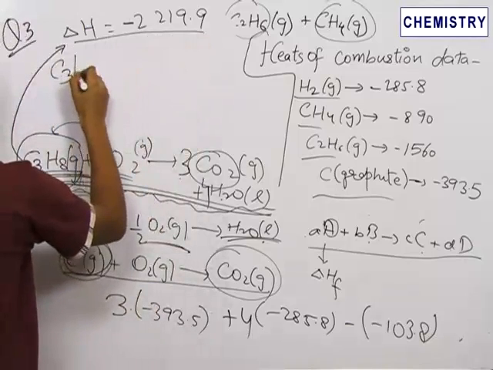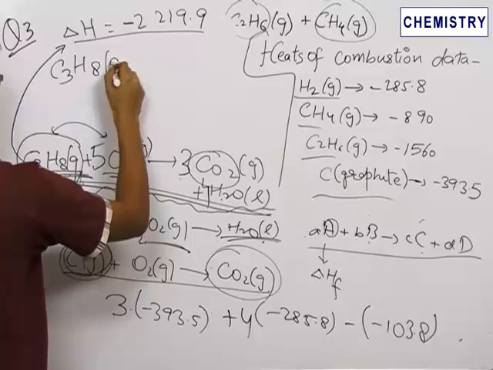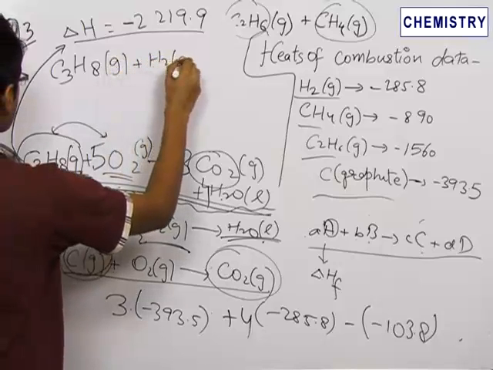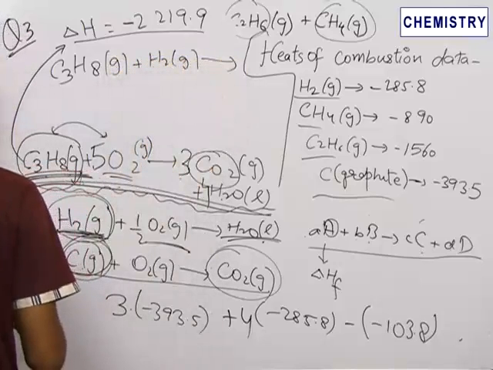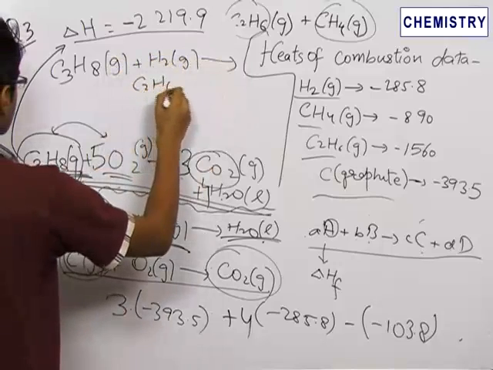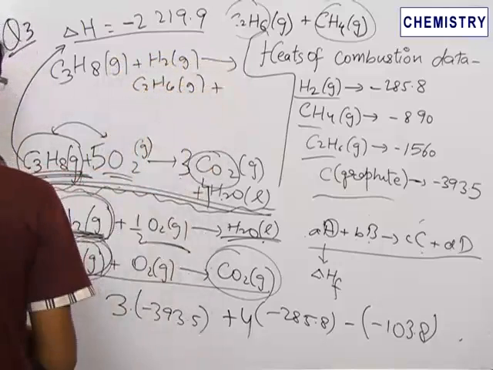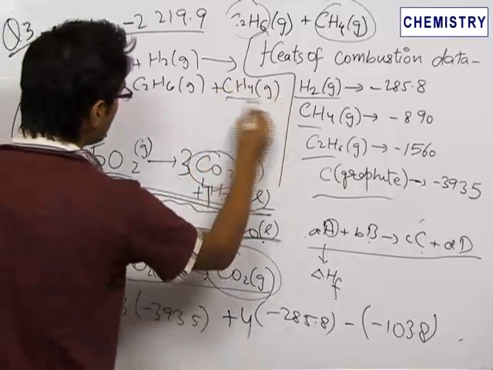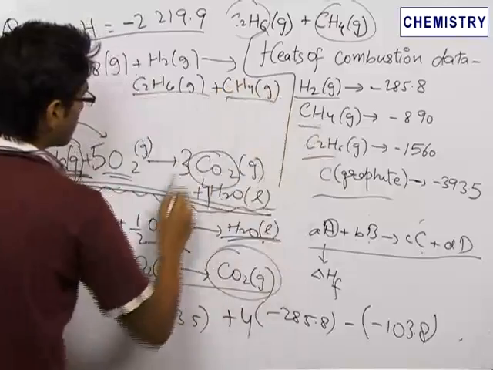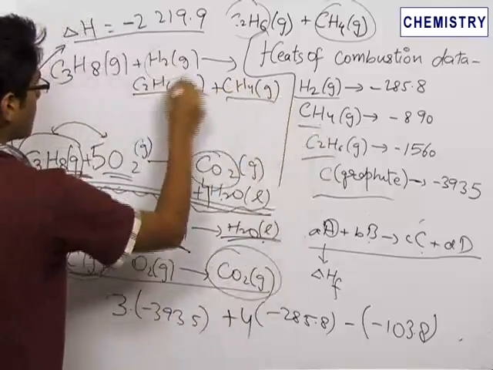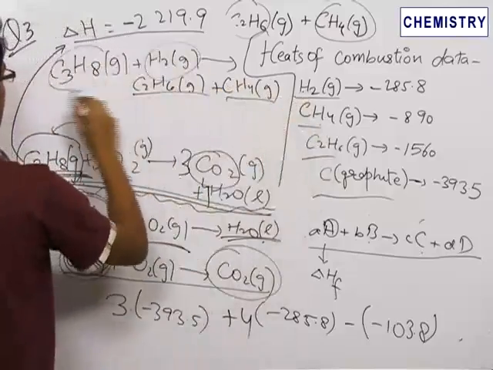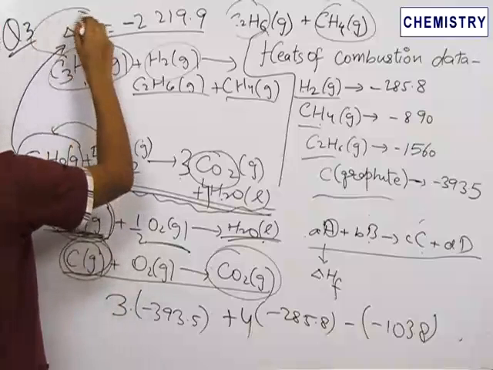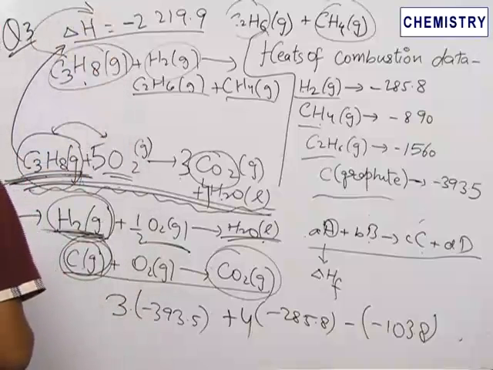Now rewriting the same equation again, we get C3H8 gas plus hydrogen gas, which was the earlier equation, giving C2H6 gas plus CH4 gas. Now we have the heat of combustion of CH4, the heat of combustion of C2H6, the heat of combustion of hydrogen, and the heat of combustion of C3H8, which we obtained as minus 2219.9.